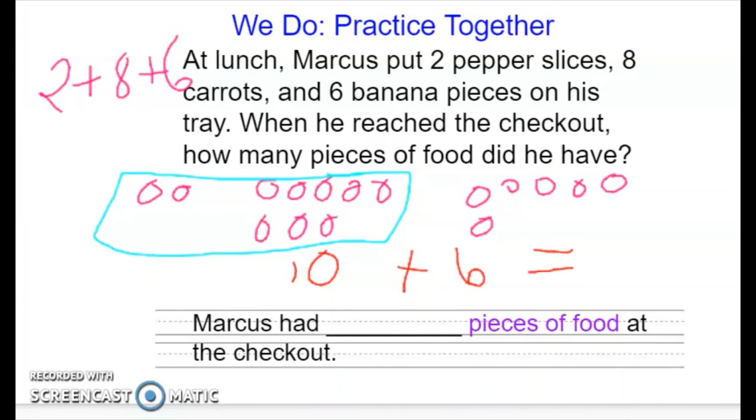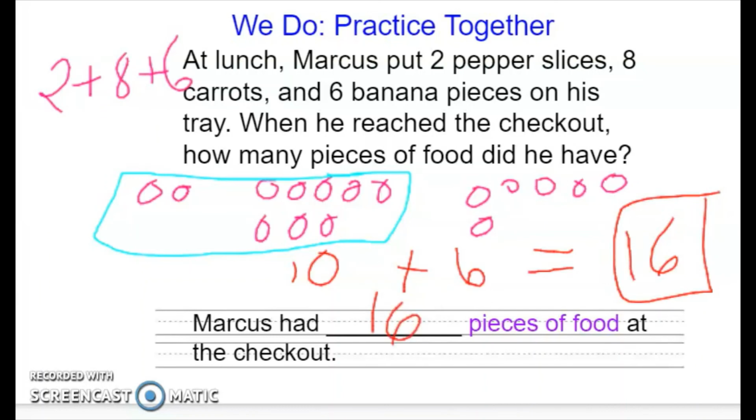Great job, 16. So, let's go ahead and answer our question. Our question reads, when he reached the checkout, how many pieces of food did he have? Marcus had 16 pieces of food at the checkout.